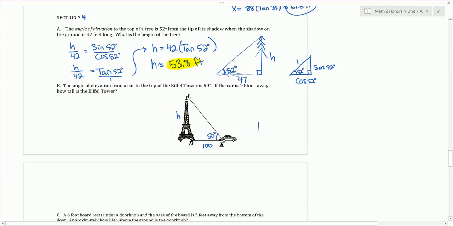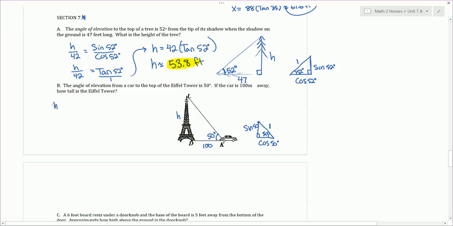I'm going to draw another right triangle that's similar to this one. They both have a 90-degree angle and a 50-degree angle of elevation. Hypotenuse is 1. Opposite side is sine of 50 degrees. Adjacent side is cosine of 50 degrees. And set up a proportion.